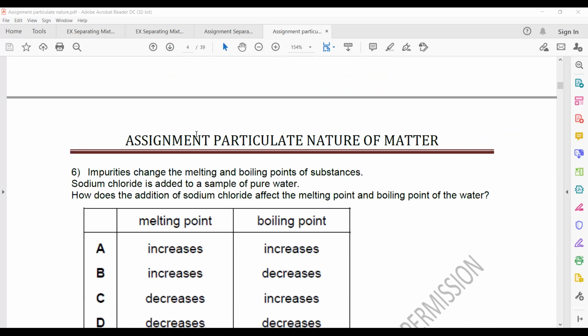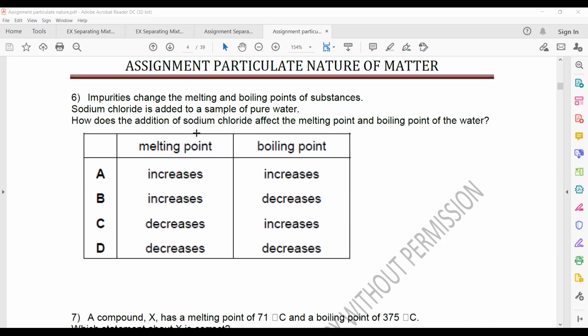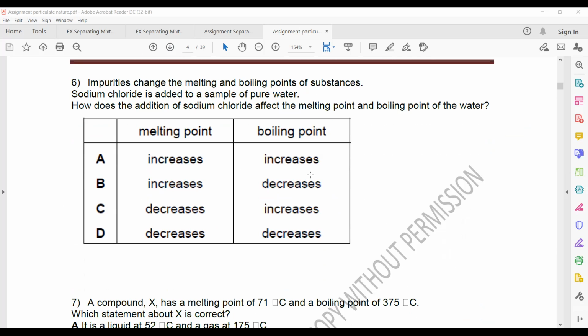And another question, question 6. What could be the right answer for question 6? Impurities change the melting and the boiling point of a substance. Sodium chloride is added to a sample of pure water. How can addition of sodium chloride affect the melting and the boiling point?